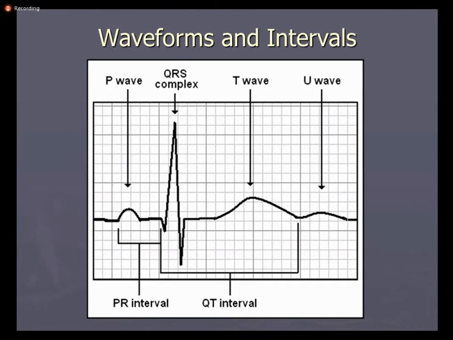Now you can see here two segments and two intervals. Number one, the segment which joins the P wave and QRS complex is called the PR segment. Similarly, the segment which joins the QRS complex and T wave is called the ST segment. And from the beginning of the QRS to the end of the T wave is called the QT interval.